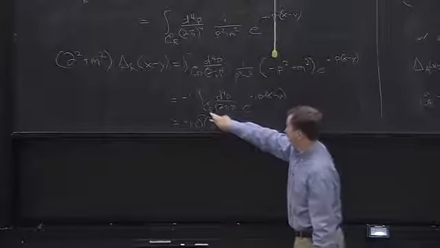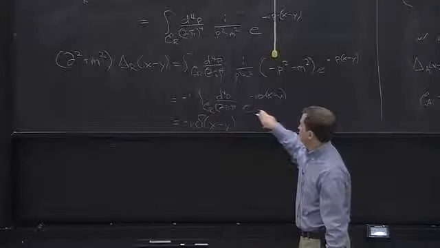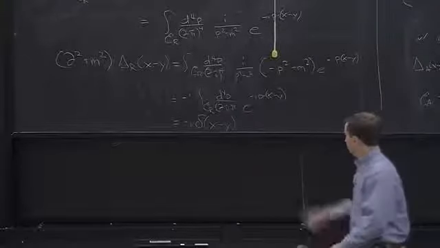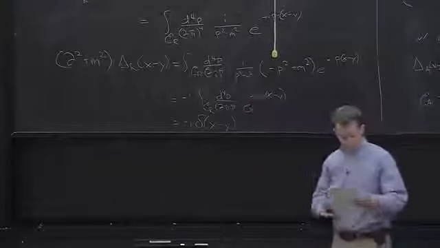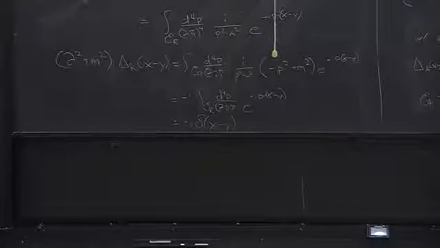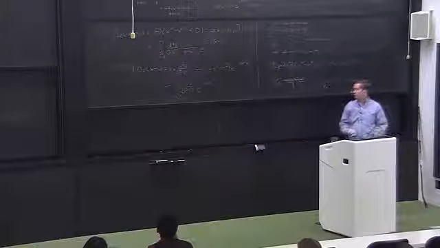All we care about here is that this contour is basically infinitesimally close to the real line. There's no poles in this integrand. So the advanced Green's function is also a Green's function. And we could use this to impose boundary conditions in the future.